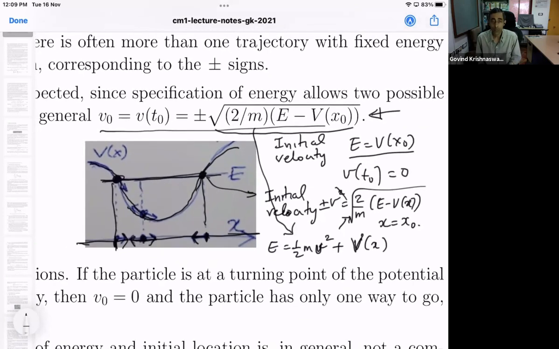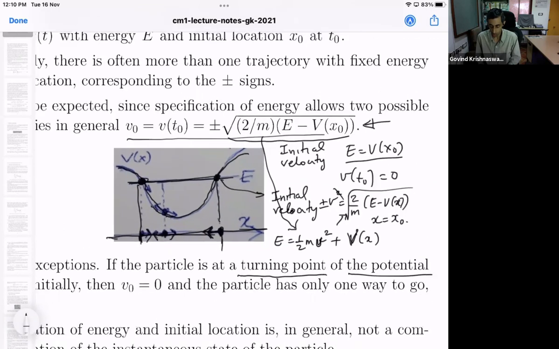In that case, physically what is happening is that the particle is starting from rest and the force is pushing it towards the left, and it goes along. When it reaches the left end point, it will come to rest once again because the energy is exactly equal to the potential at this point. It will come instantaneously to rest and then turn around. For this reason, those extremes are called turning points of the potential.